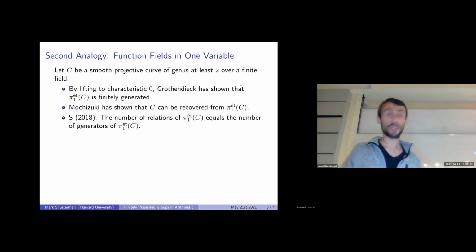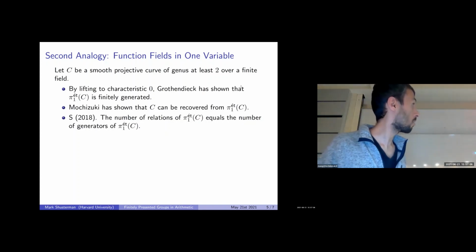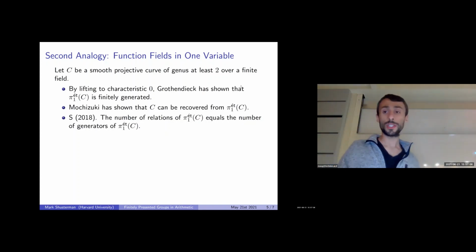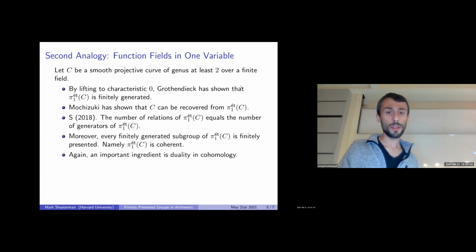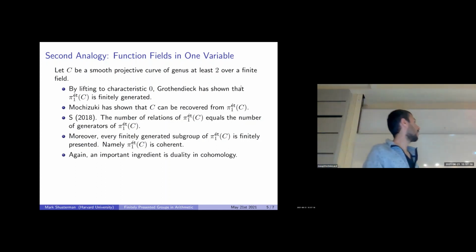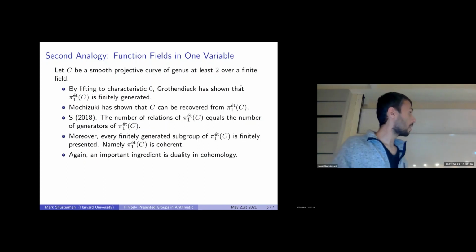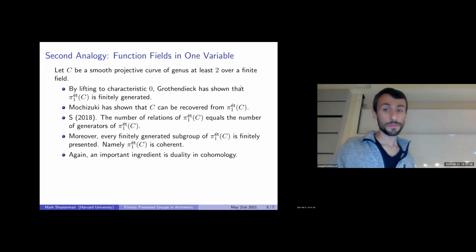This builds on, as one of the inputs, this theorem of Grothendieck. There are some other inputs. Among them is duality in cohomology, again something which follows from this analog of Poincaré duality in this case.